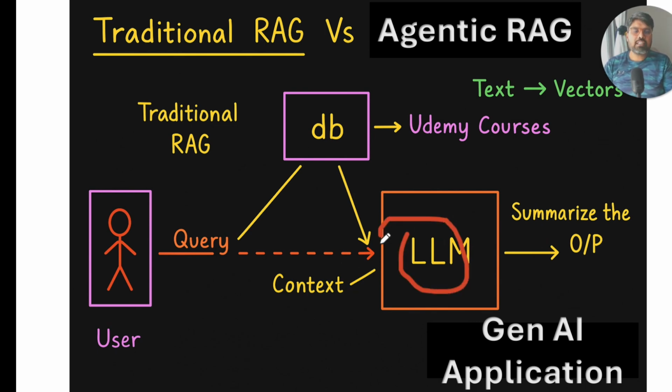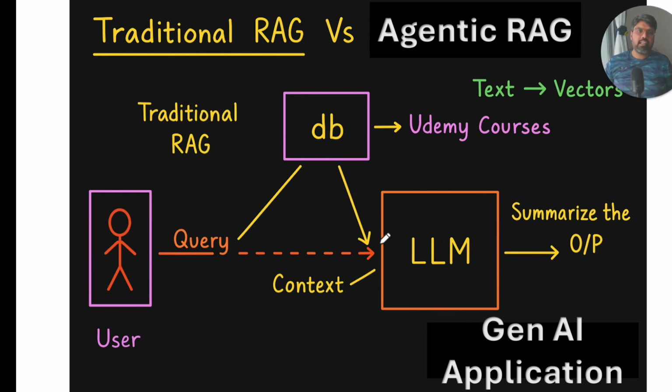The large language model then uses the chunks of information that have come out, and the question from the person asking, and tries to summarize the output and give us a good response.